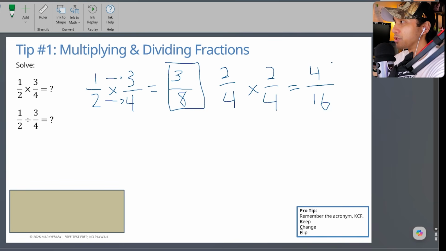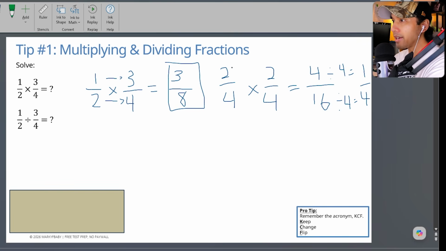Now we're not done here. We have to reduce this fraction. We just have to figure out what goes into both the numerator and the denominator. In this case, 4 goes into 4 and 16. Divide by 4 equals 1/4, right? Because 16 divided by 4 is 4.